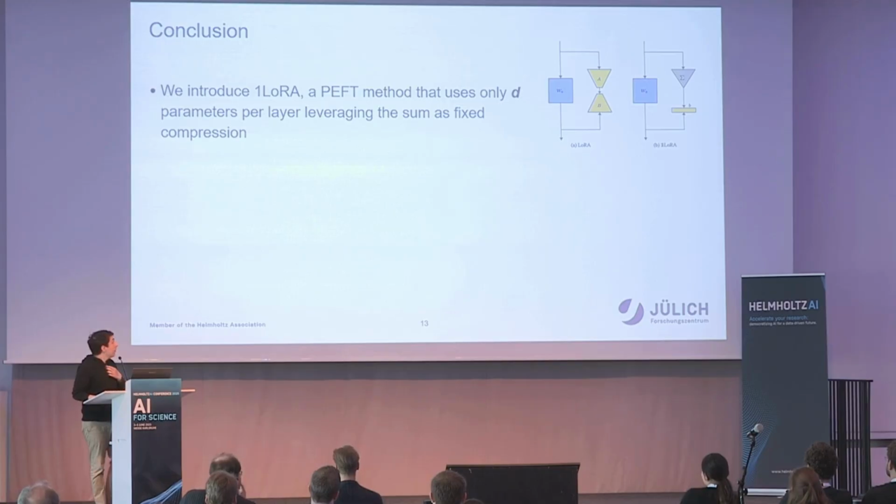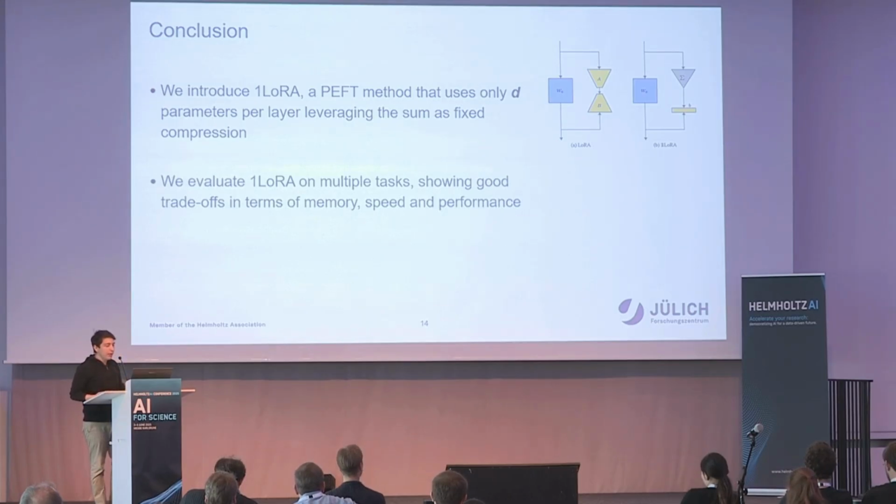It depends on what the task is, what the goal is. So in conclusion, we introduce iLoRA, a PEFT method that only uses d parameters per layer, leveraging the sum as fixed compression. We evaluate this on multiple tasks. We show good trade-offs in terms of memory, speed, and performance.